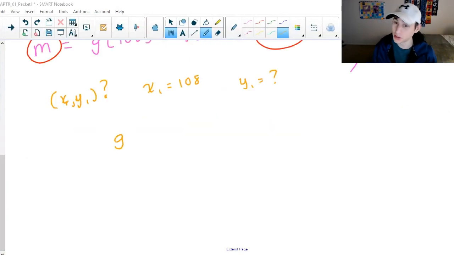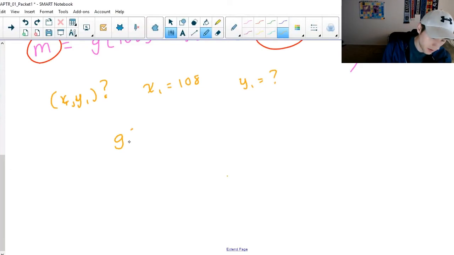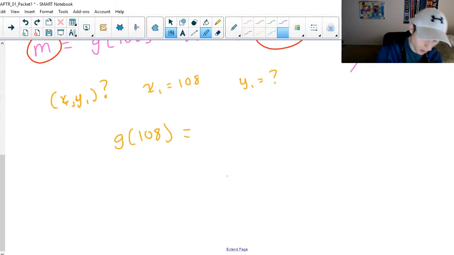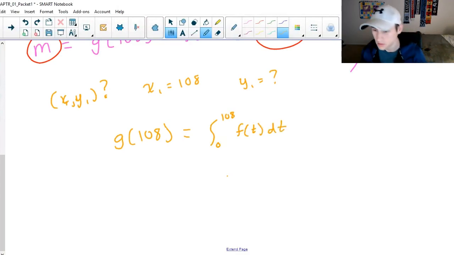Usually to find a y value, we just plug in the x value. So what is G of 108? That's the integral from 0 to 108 of f(t) dt. Again, let's remember that G is periodic.